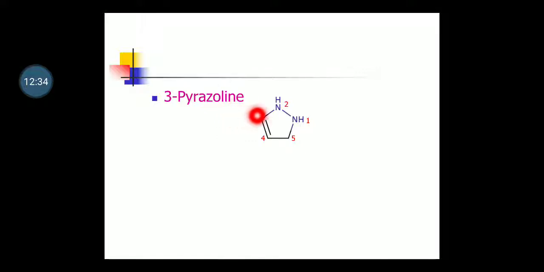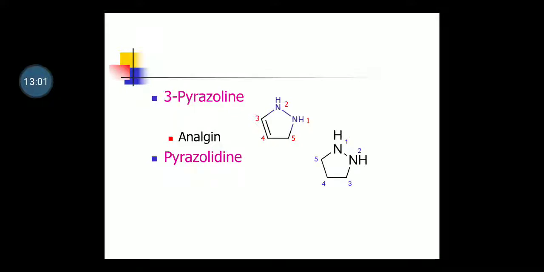So E is replaced with INE, and since there is only one double bond, we have to specify its position. If it is between 3 and 4, we specify 3-pyrazoline. Next, analgin. It is an example of an analgesic drug which has pyrazoline, particularly 3-pyrazoline, in its structure.